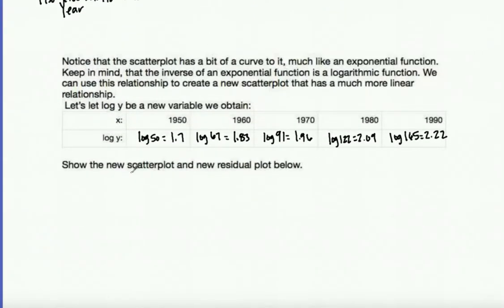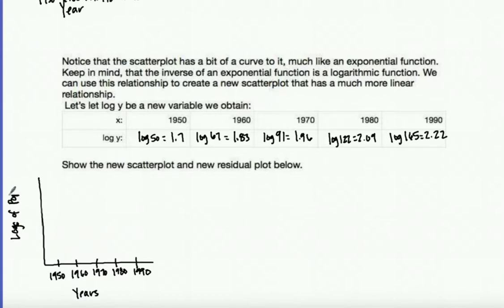Okay, so now we're going to make a new scatter plot, and we're going to do a new residual plot. Just like before, we're going to do our x's as our years. Remember, you always want to label. So our years, 1950, 1960, 1970, 1980, and 1990. Our y values are going to be the logs of the population.